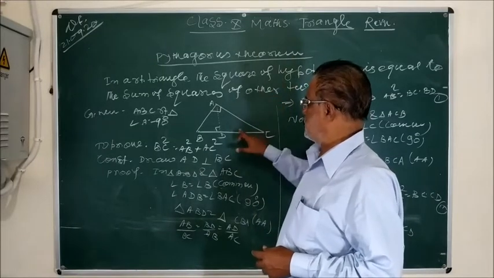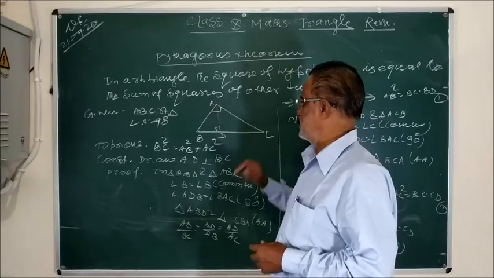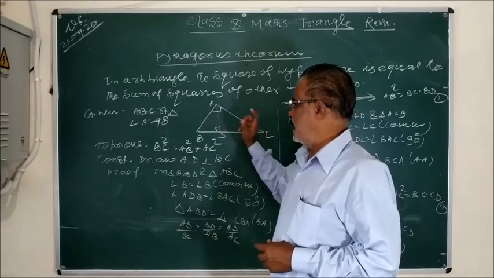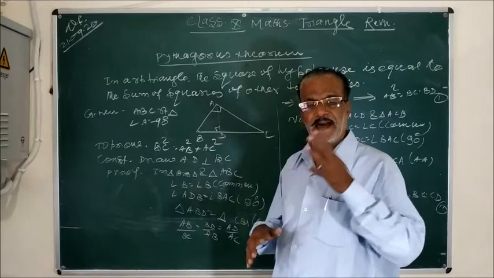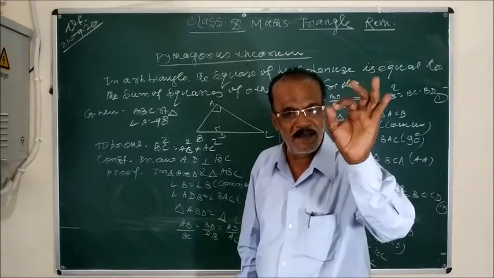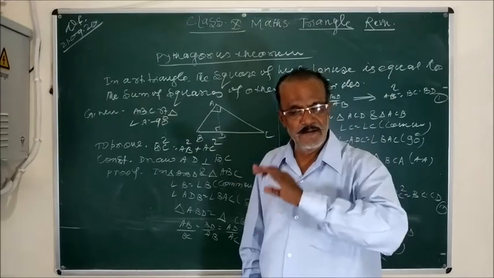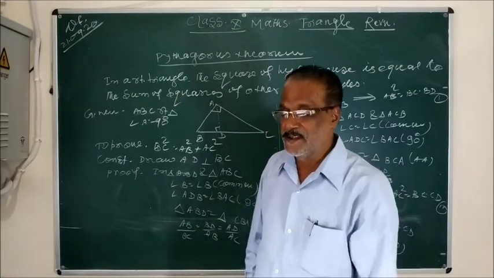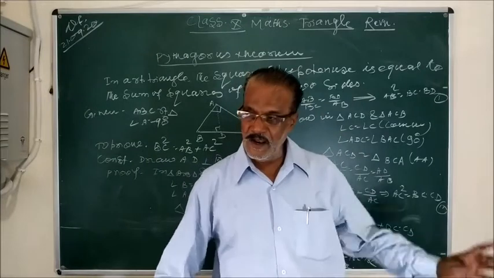Statement, this is the figure: ABC is a right triangle and angle A is right angle. It is a right angle triangle, so you have to mention which angle is right angle. And if you don't mention, this means this is not complete.